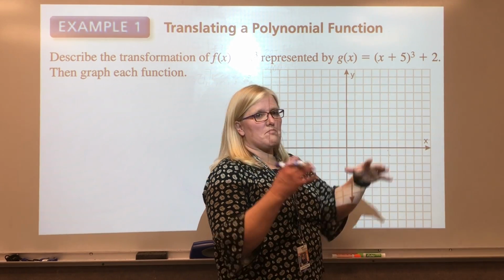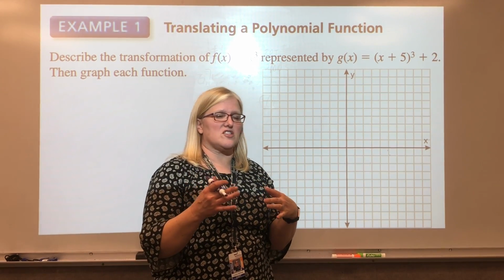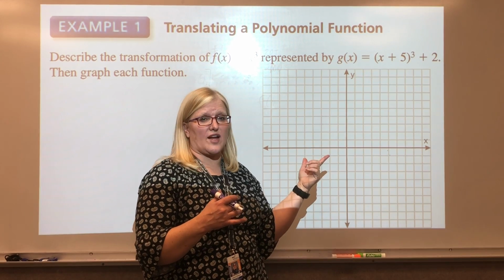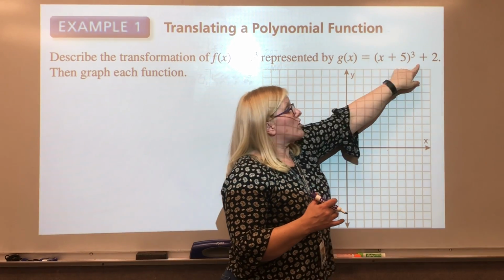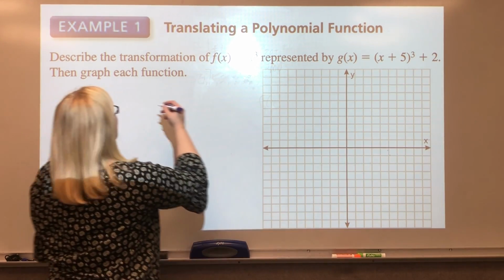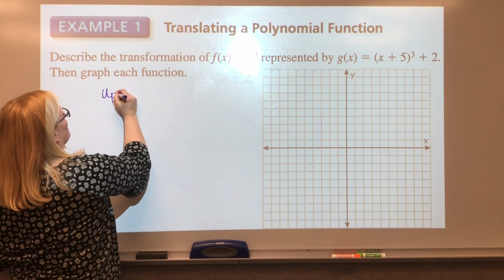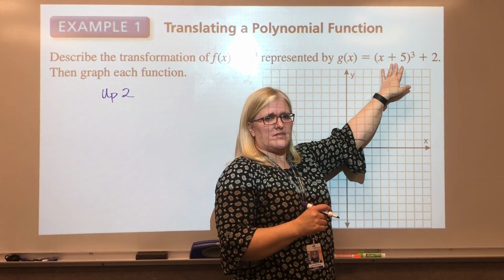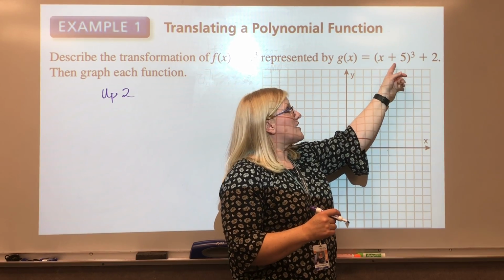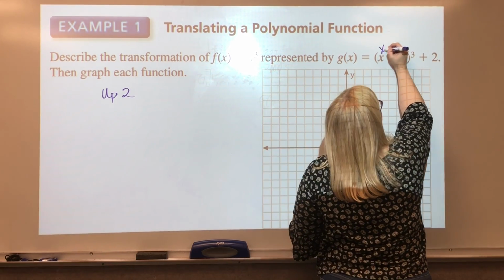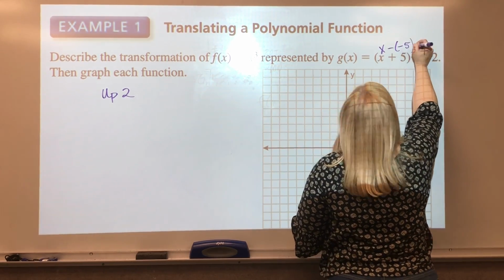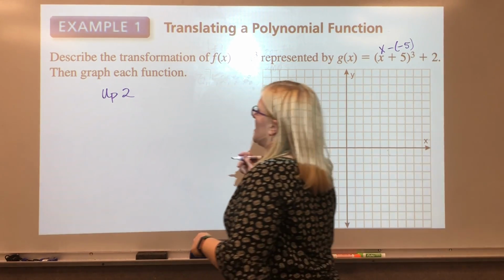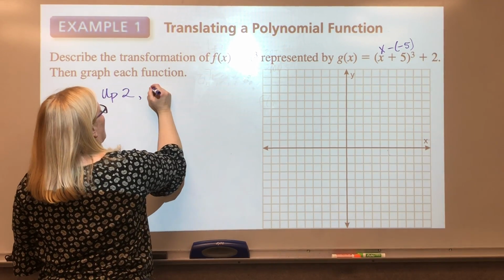Remembering back to those transformations, these specifically are translations. We're going up 2 for sure. And then are we going left or right? We're going left, because this is the same thing as x minus a negative 5, and negative numbers go to the left. So this is up 2 and left 5.